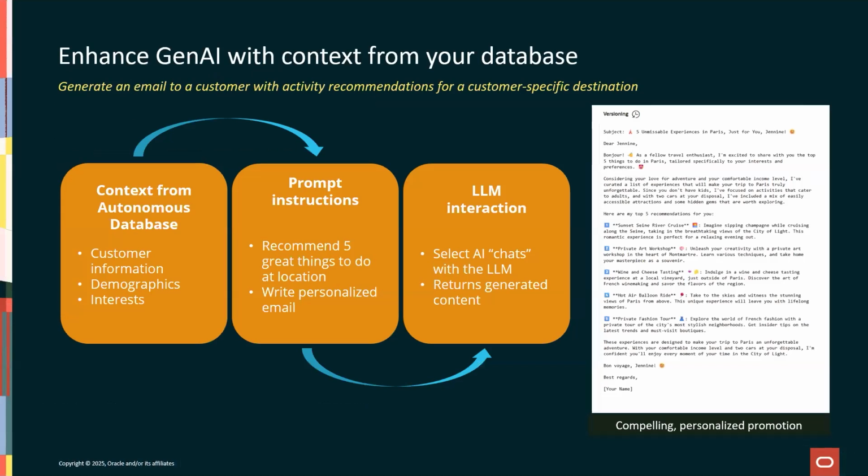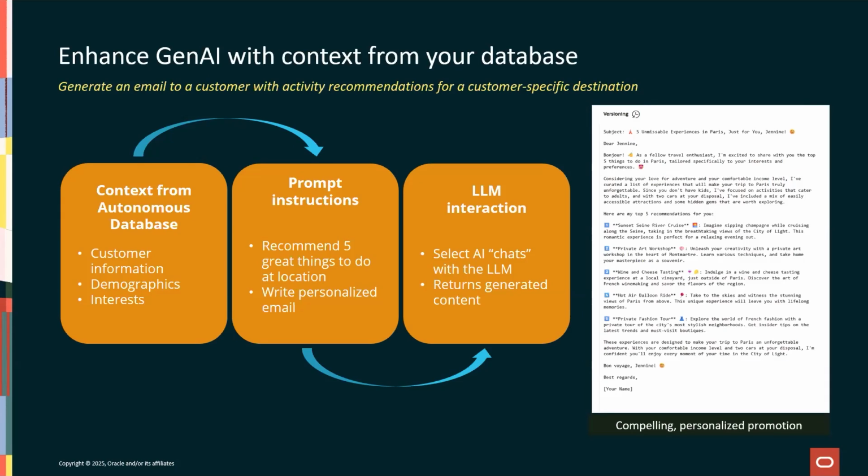And let's talk about a use case where you provide a custom prompt with the details from your autonomous database table. Let's say you want to generate a personalized email with activity recommendations for a vacation destination specific to your customer. We have the context from the database in the form of customer information, the demographics, and the interests.